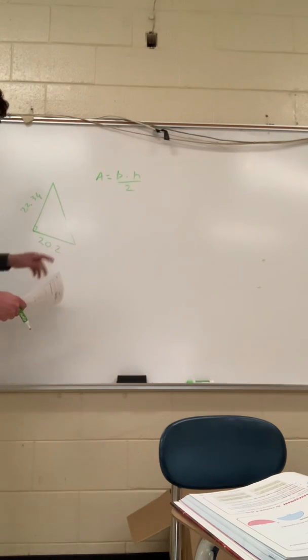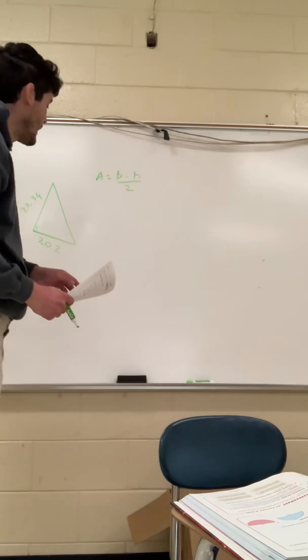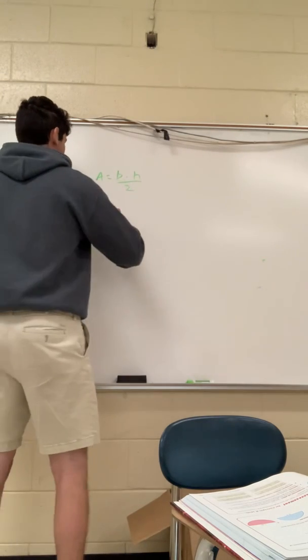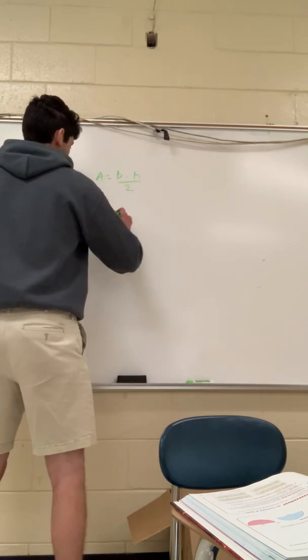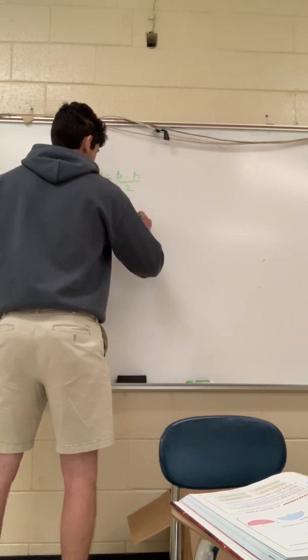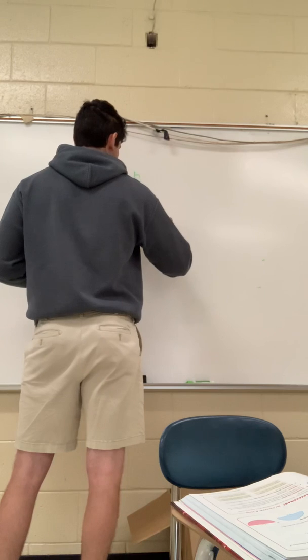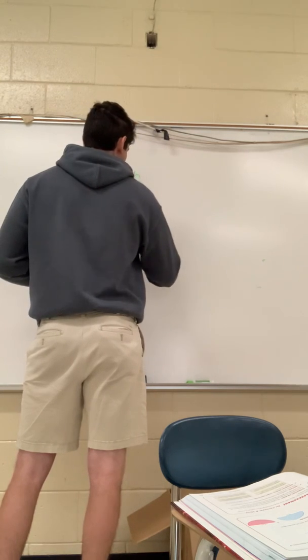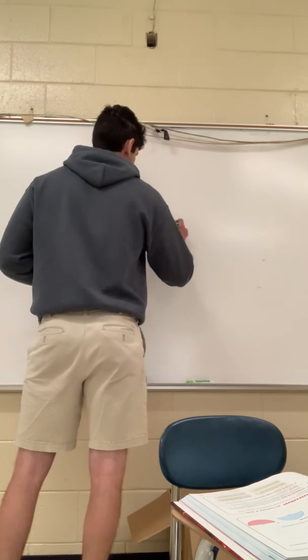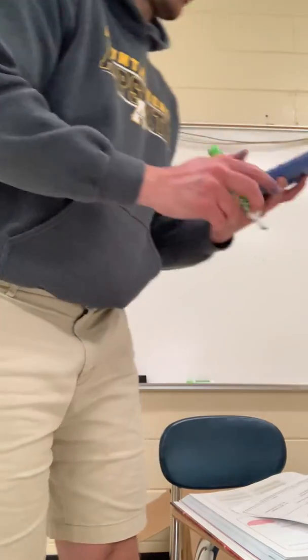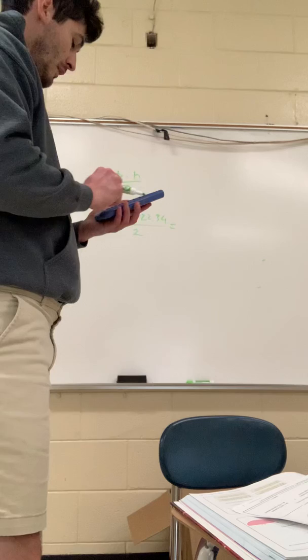So again, we're gonna do base times height divided by 2, right? So it would be 20.2 times 22.34 divided by 2.